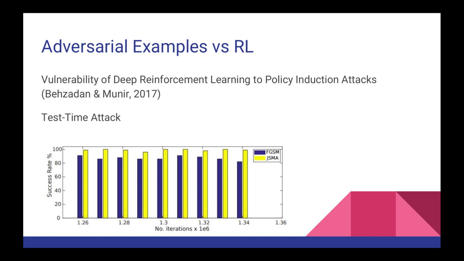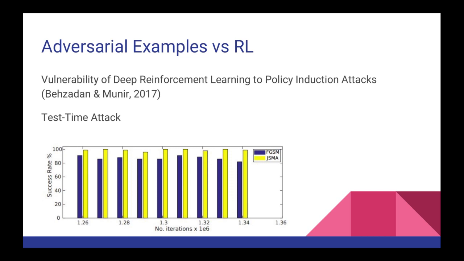For the test time attack, we tested two types of adversarial example crafting algorithms, FGSM and JSMA. You can see that in both cases, the attack was more than 80% successful for FGSM, and for JSMA it was 100% successful at all iterations or at different stages of training.